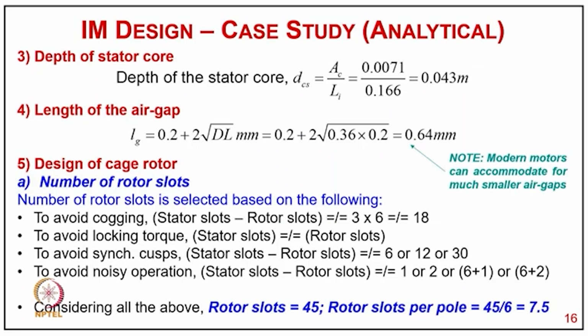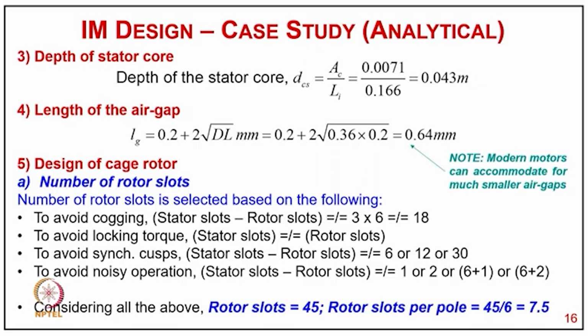We keep it lesser than that, depending on mechanical tolerance and other factors. Keeping a large air gap gives a penalty of higher magnetizing current, though there are constraints on both sides. So we normally select a little less than that, maybe in the order of 0.5 millimeter.